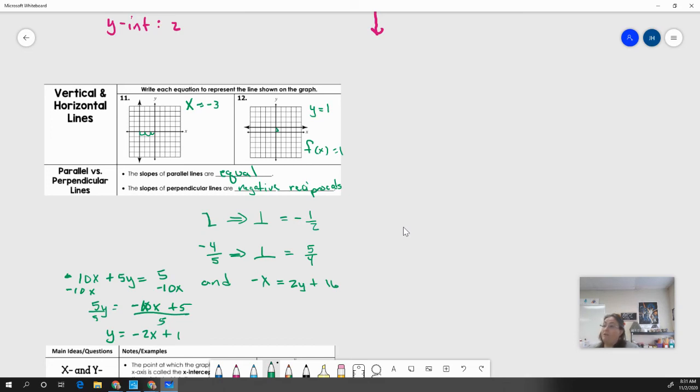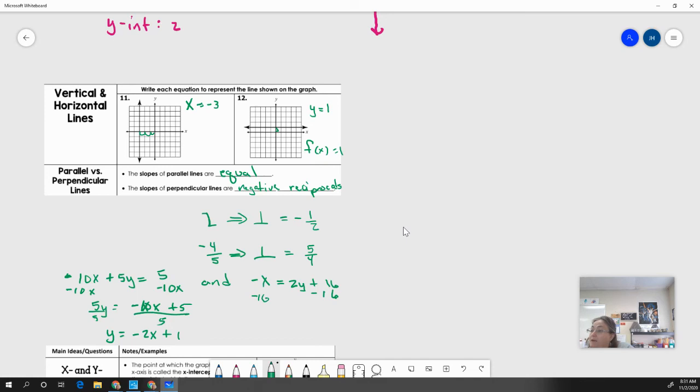So if they're parallel, this one better have a slope of -2 as well. If they are perpendicular, they're going to have opposite slopes, right? So I'm going to start by subtracting 16 from both sides, because I'm trying to isolate that y over here.